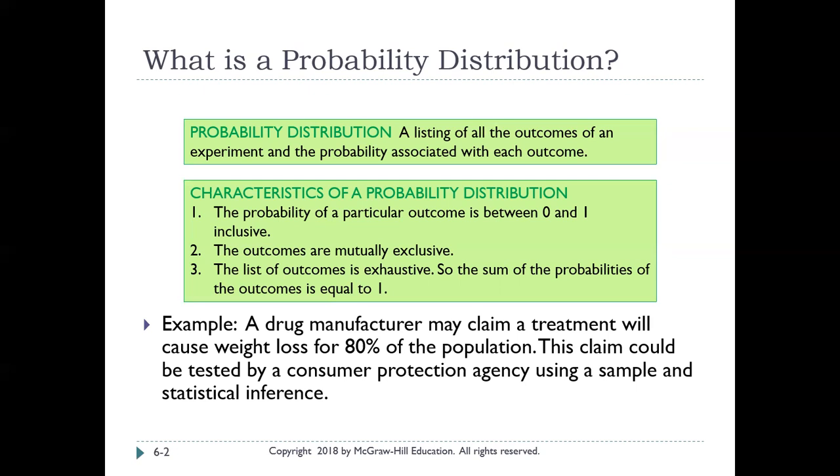So there are a couple of characteristics to be wary about. The first is that the probability of a particular outcome has to be between 0 and 1 inclusive. Any given event has to have some probability. So for example, if we're talking about a batter, the probability of them getting a hit is going to have some probability between 0 and 1, right?